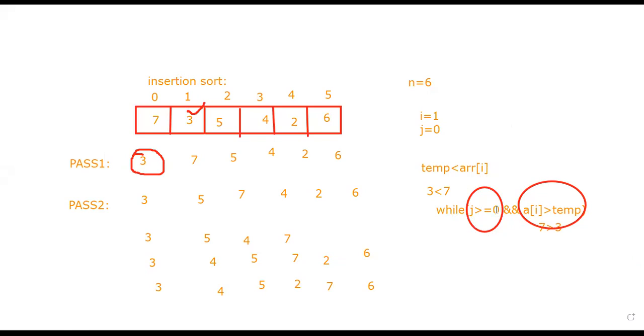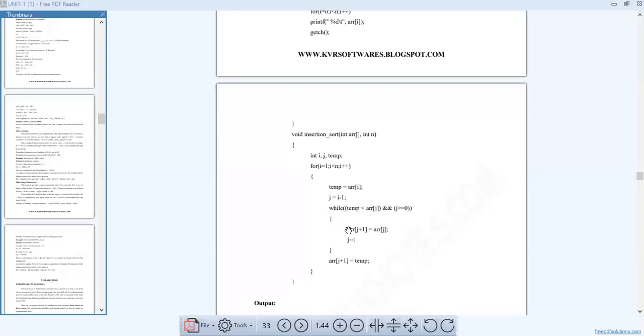So if both the operands are true, then the result will be true as per the logical AND operator. So here we are using the logical AND operator. You should remember it in your mind. Now the condition is true, then the control will enter into the body of the loop.